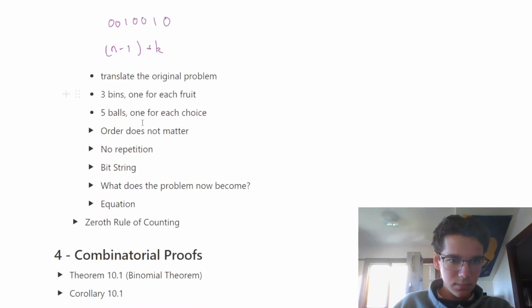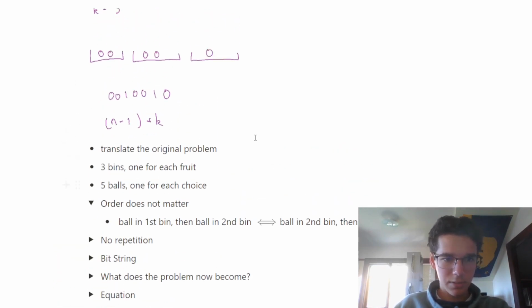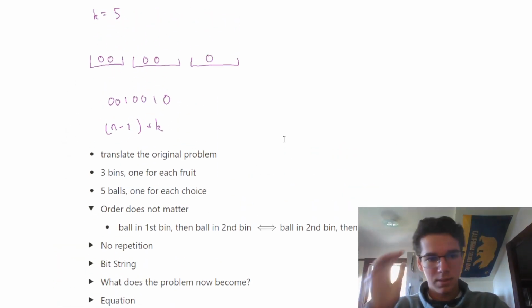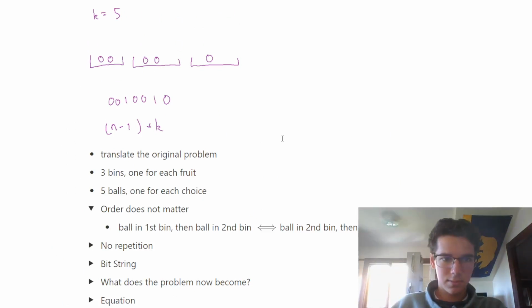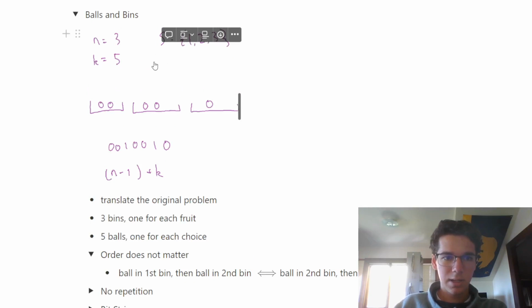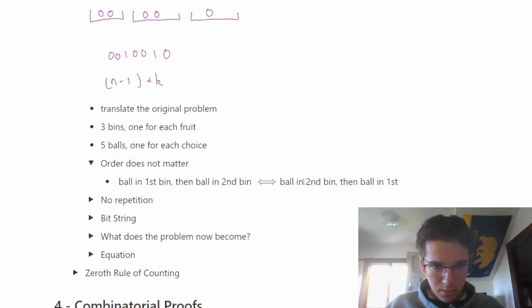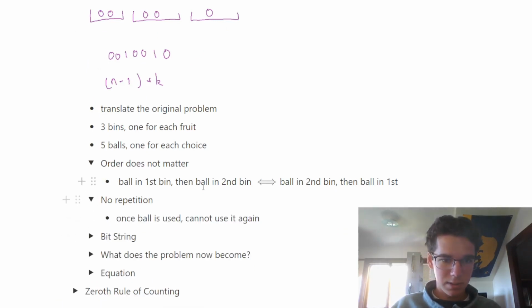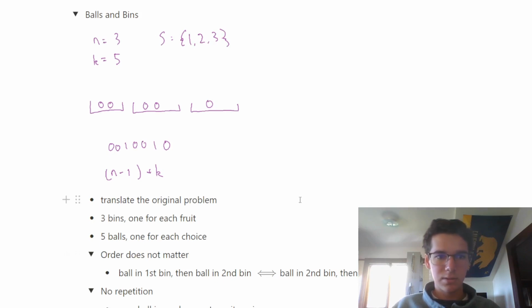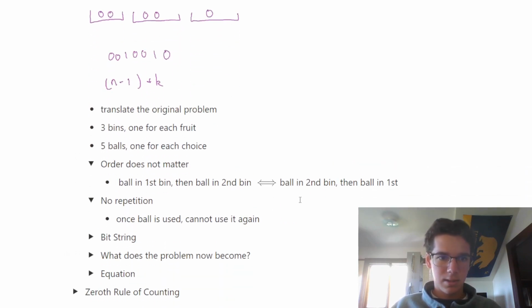But anyways, notice how order doesn't matter, because if we place the first ball here and then the second ball here, the outcome of this string would be the same if we place the first ball here and then the second ball there. Okay, good. There's also no repetition, so once a ball is used, you can't use it again.